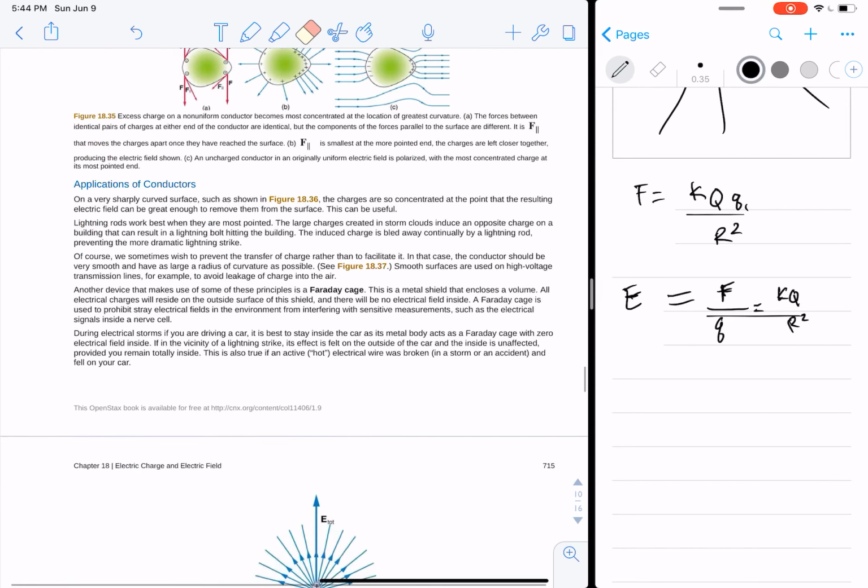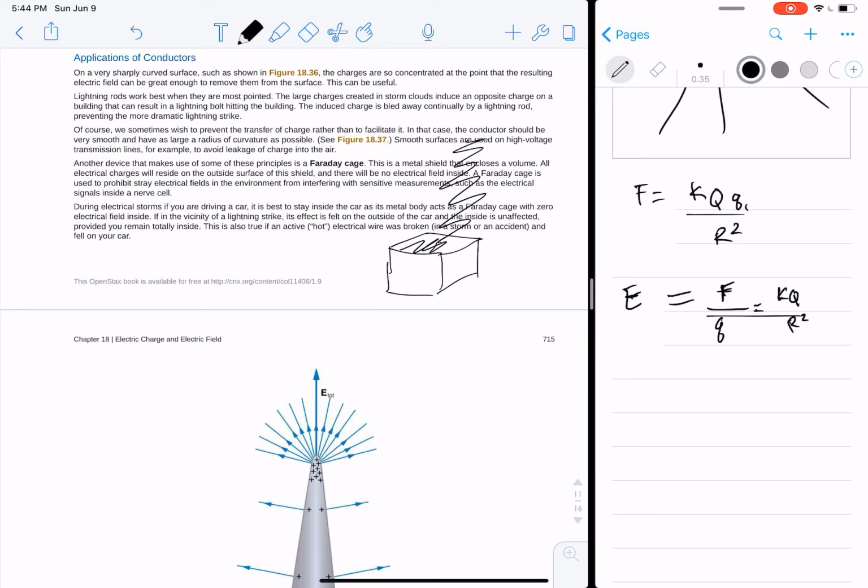What happens is your elevator is a Faraday cage. It's a conductor on all sides, a closed conductor, and so the electromagnetic fields that come in from space to talk to your cell phone actually get absorbed into the walls of the elevator, and so that helps to attenuate the signal.